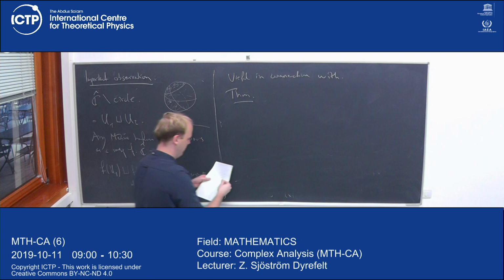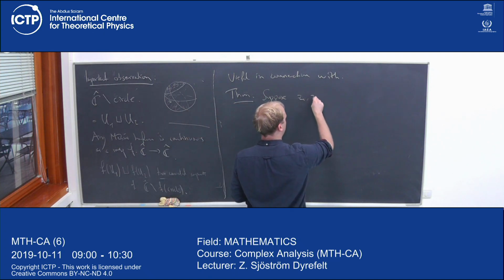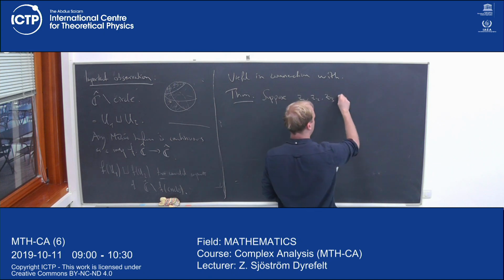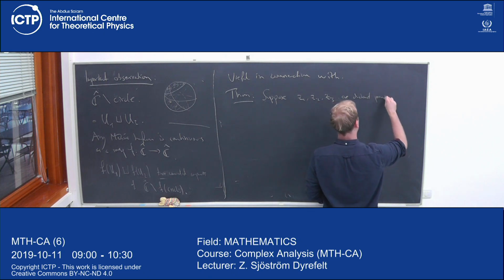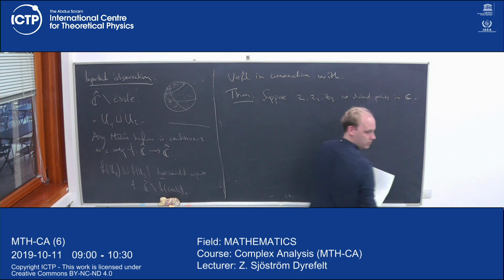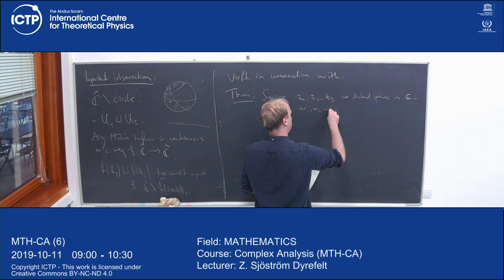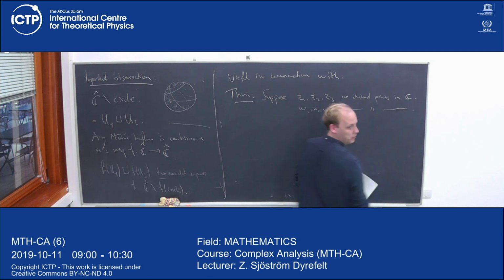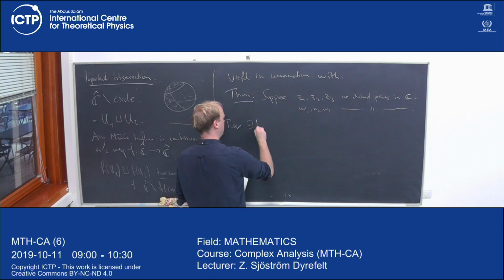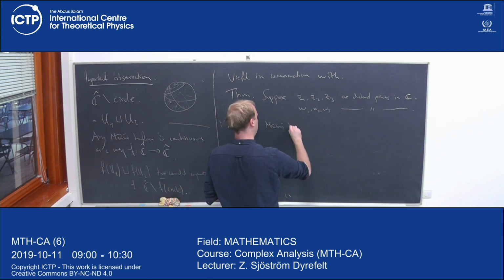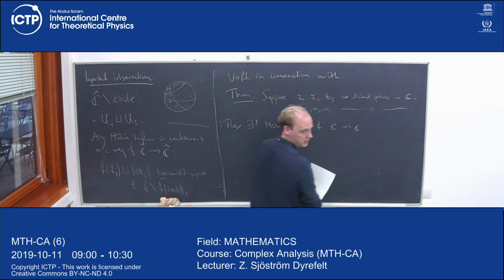Suppose z1, z2, z3 are distinct points in C, and w1, w2, w3 are distinct points in C. Then there exists a unique Möbius transform f from C to C hat.